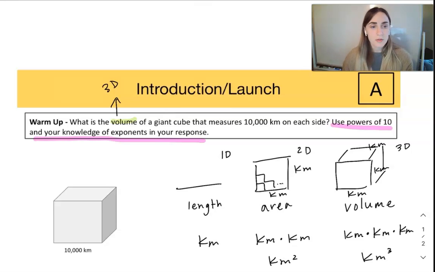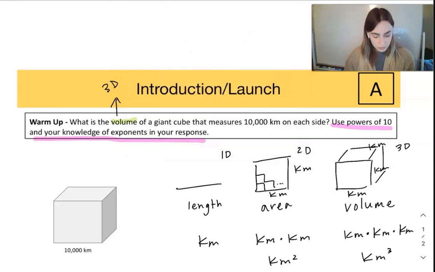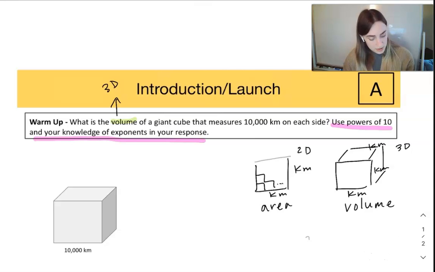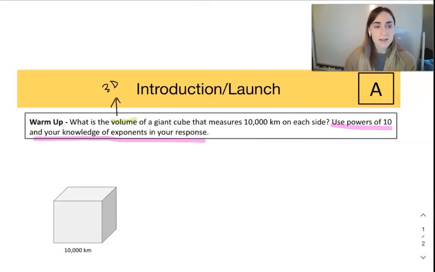So let's now review, what do we mean when we say powers of 10 that we've been speaking about for the last few days of our lessons. So let's clear our workspace here. We've warmed up on volume. We know we're looking for 3 dimensions, something to the third power. Now let's think about, what do we remember about powers of 10?